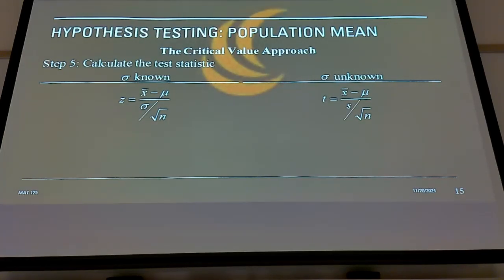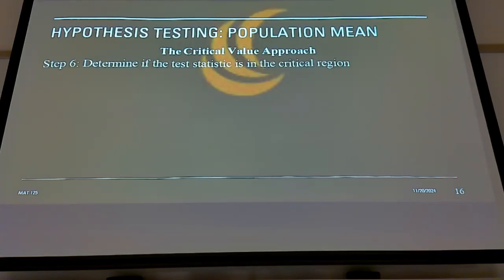That's the only area where it branches off: determining your rejection region and calculating the test statistic. That depends on if you know sigma or not. But now it's time to state your conclusion. Determine if the test statistic is in the critical region, the rejection region, and then clearly, in words, state your conclusion.